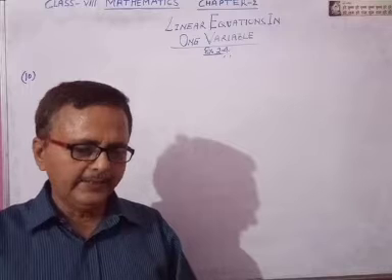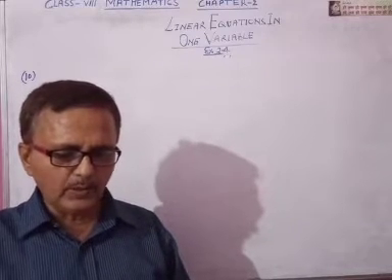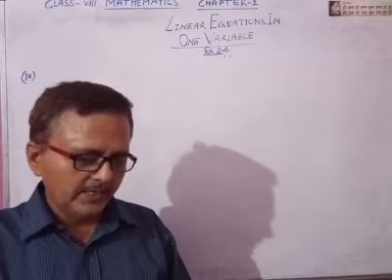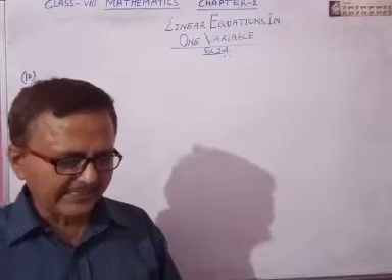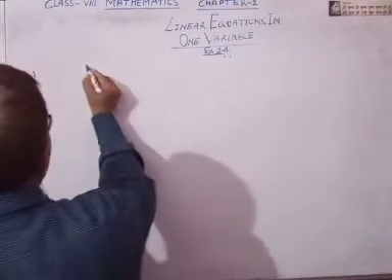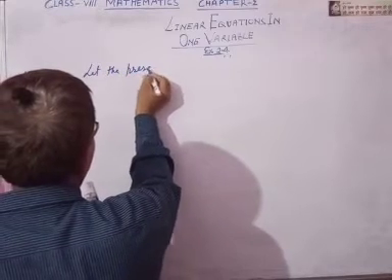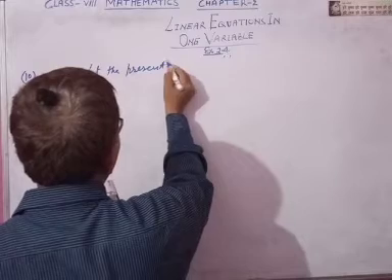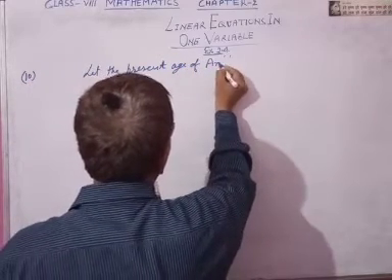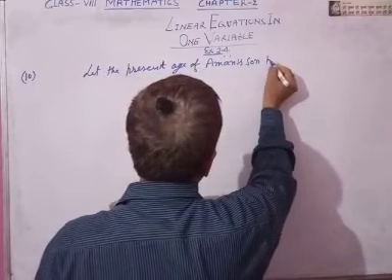Now question number 10. Aman's age is 3 times his son's age. 10 years ago he was 5 times his son's age. Find their present age. Let the present age of Aman's son be x.